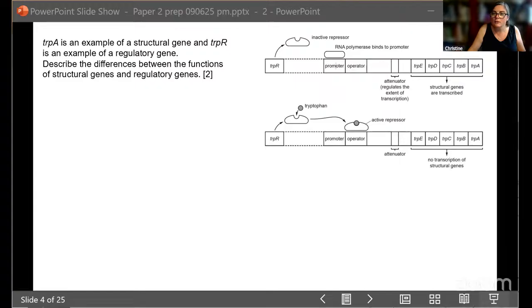So if we are looking at this question about the structural gene and the regulatory gene, what's the difference? Structural is going to code for enzymes and structural proteins, whereas regulatory genes code for proteins that are required to either stimulate the expression or inhibit the expression.